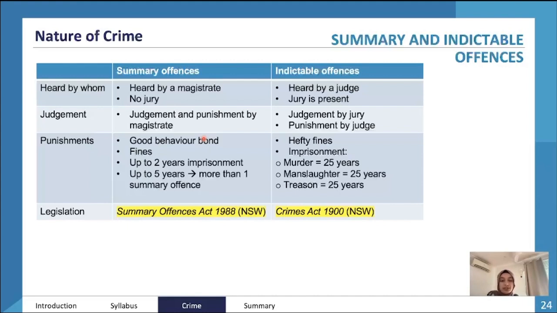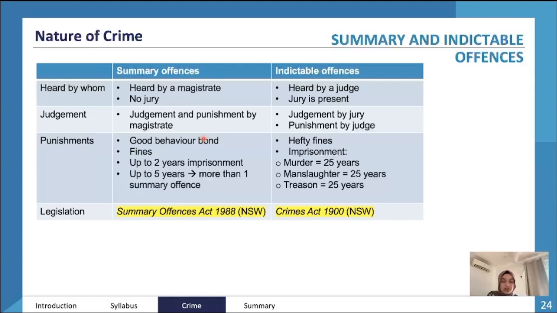So punishment, so for summary or minor offences, it's normally something like a good behaviour bond or a fine, 2 years imprisonment normally, or up to 5 years if there's more than one summary offence. So if you've committed multiple, then it may be the case. Indictable offences, these are normally hefty fines or imprisonment. For example, normally around 25 years.